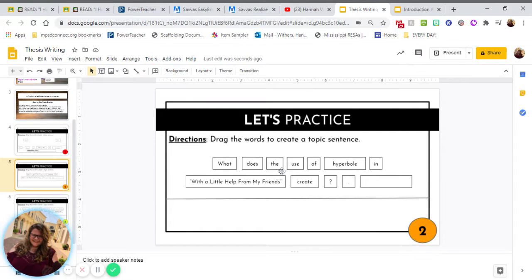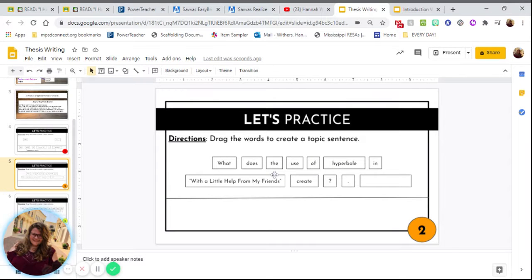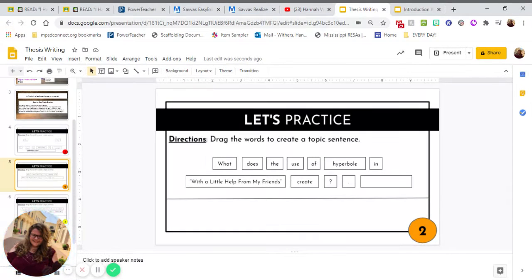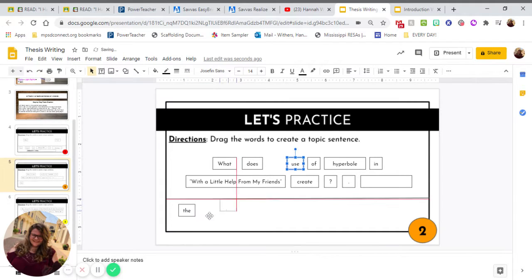All right, so what does the use of hyperbole with a little help from my friends create? All right, so remember, we're just going to move it around. The use of hyperbole, I think this is going to be a good one.